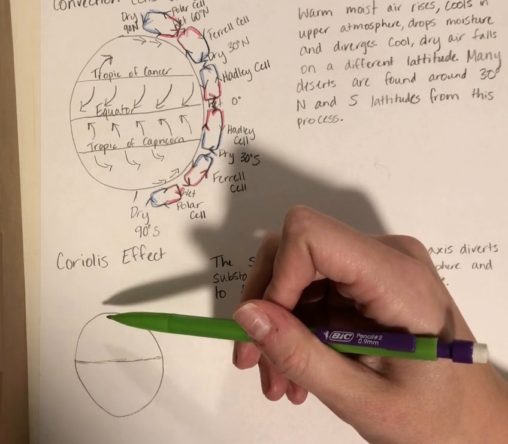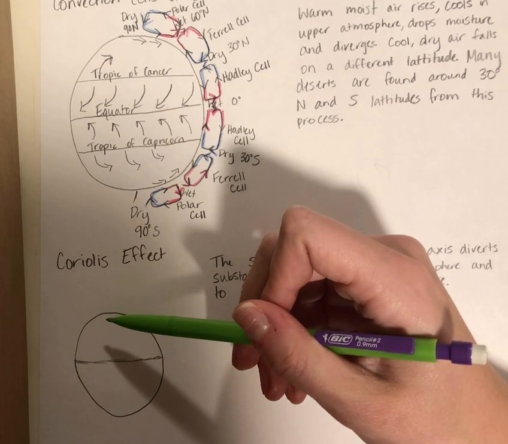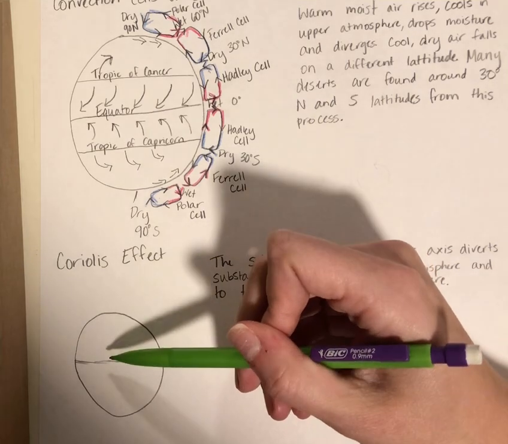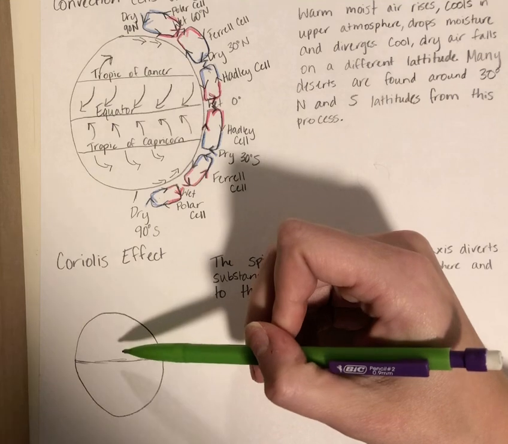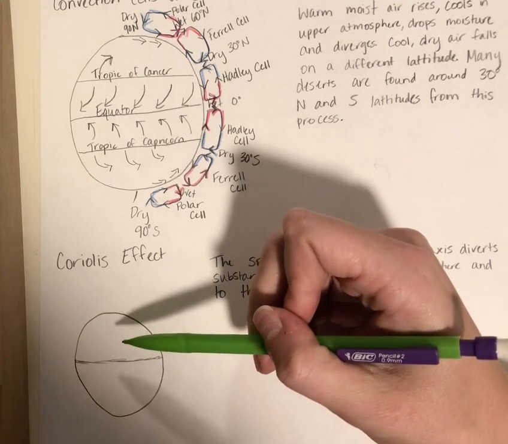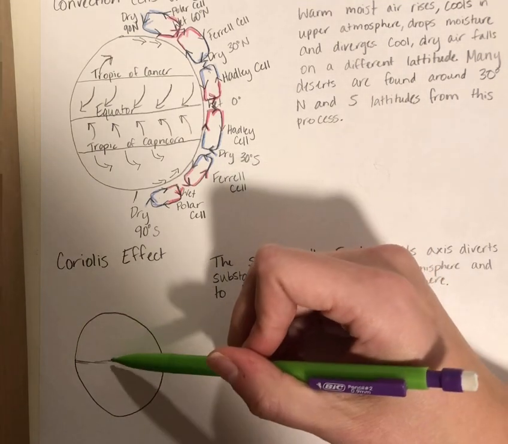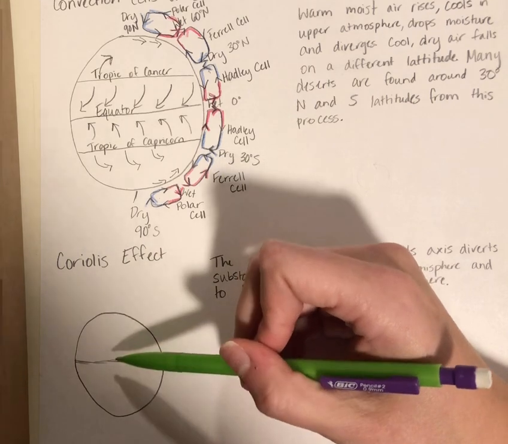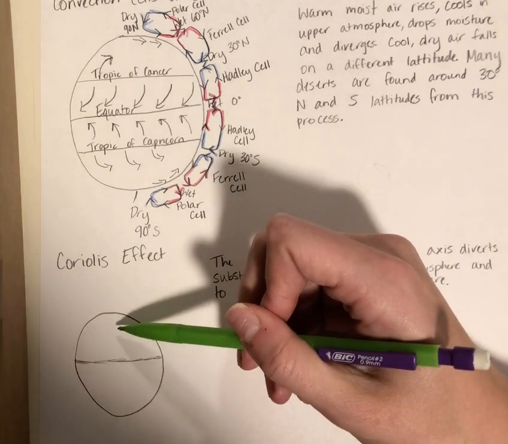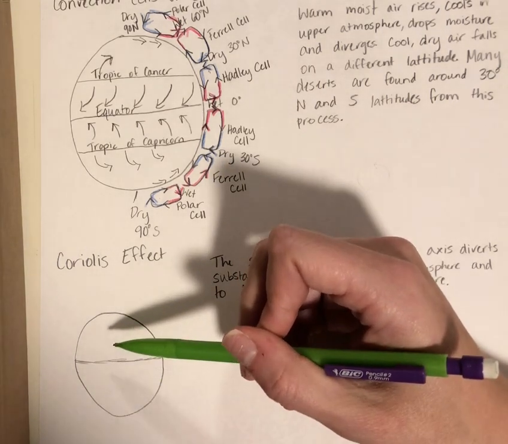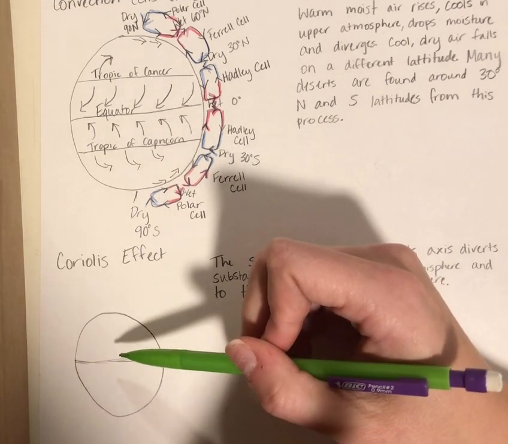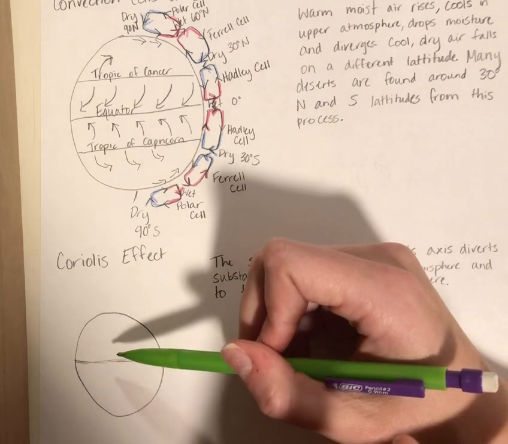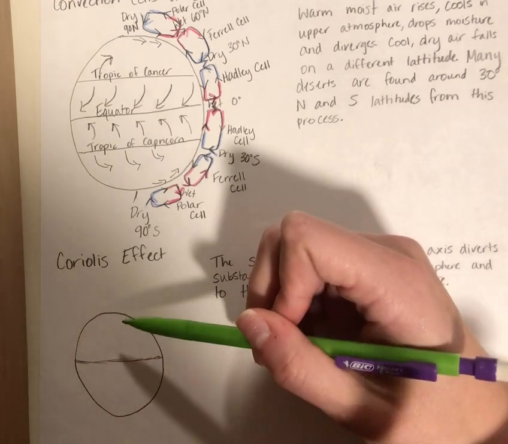But the Coriolis effect tells us that it cannot go straight up. It has to either turn right or turn left. The reason is that our Earth is round. So a wind going straight up eventually has to curve around the Earth. And since the Earth is turning at the same time that the wind is moving, and our Earth is round, the winds are going to curve in a direction.